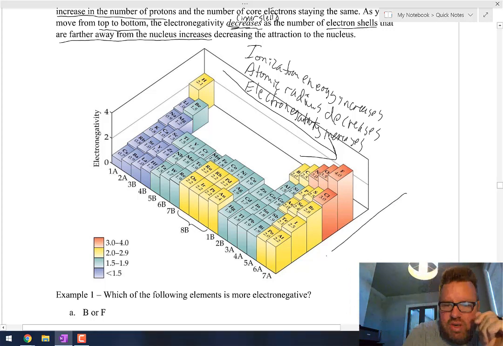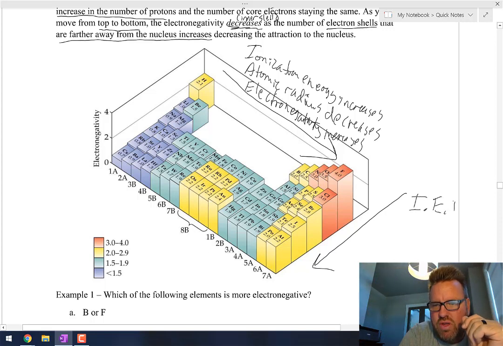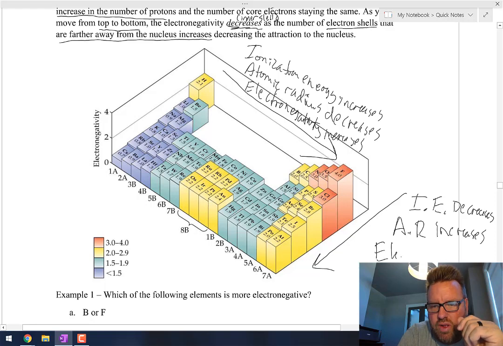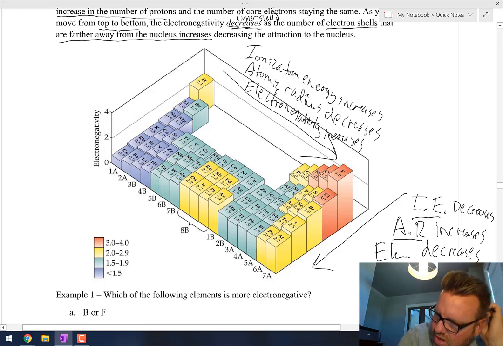Okay, as you go down the periodic table, three things happen. I'm going to abbreviate here. Ionization energy, what does it do? It decreases. Atomic radius increases, so atoms get bigger, and electronegativity also decreases. So ionization energy, atomic radius, and electronegativity.